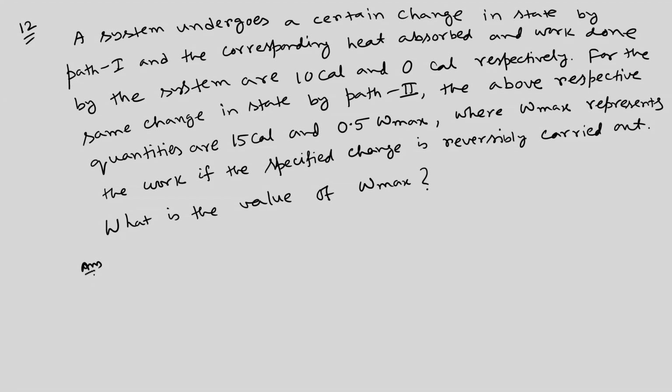Okay. So, what I said is, we have the same initial state and we have the same final state. This is our path 1. So, this is our initial state and we are going to the same final state in two different paths. So, this is our path 2.